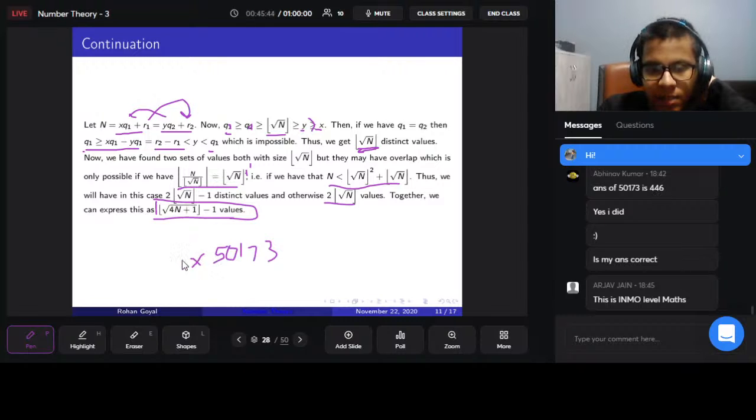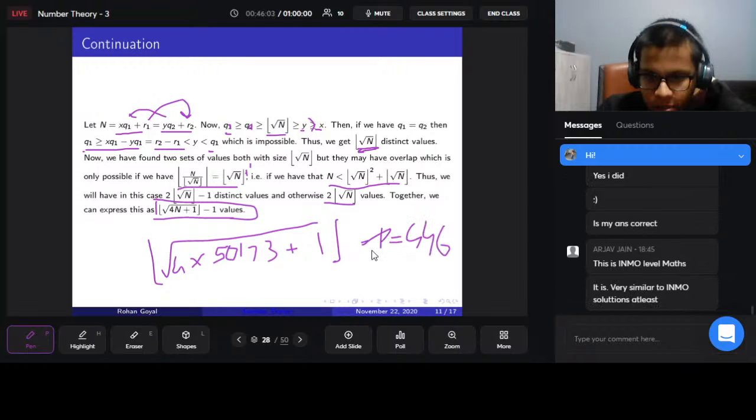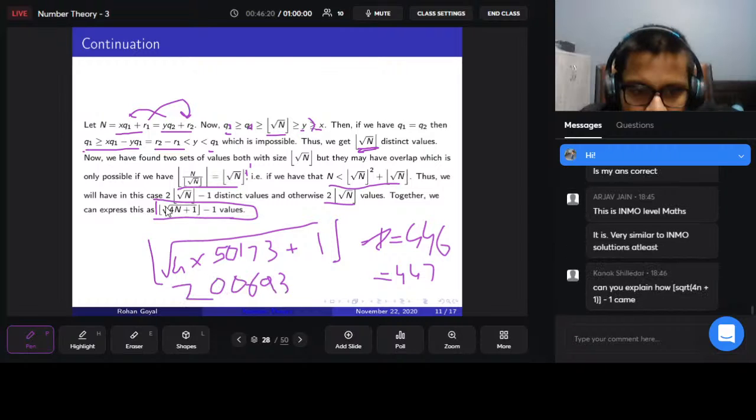So he claims that this plus 1 root and floor minus 1 is equal to 446. So you want this to be 447. This is what? 200,692. Oh, you got till here. Did you get till here?